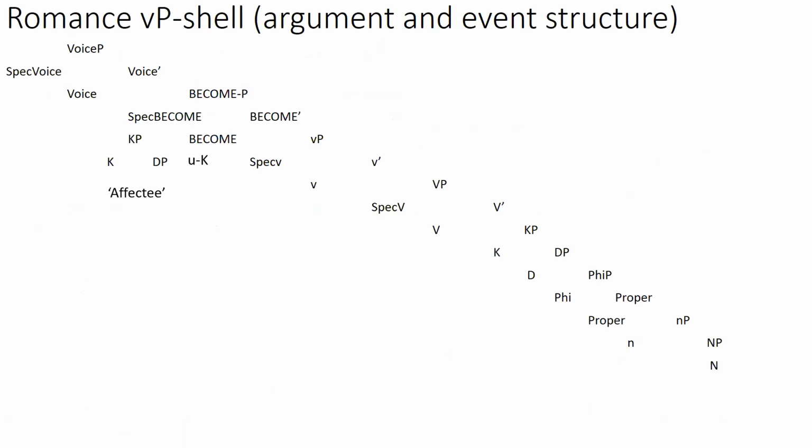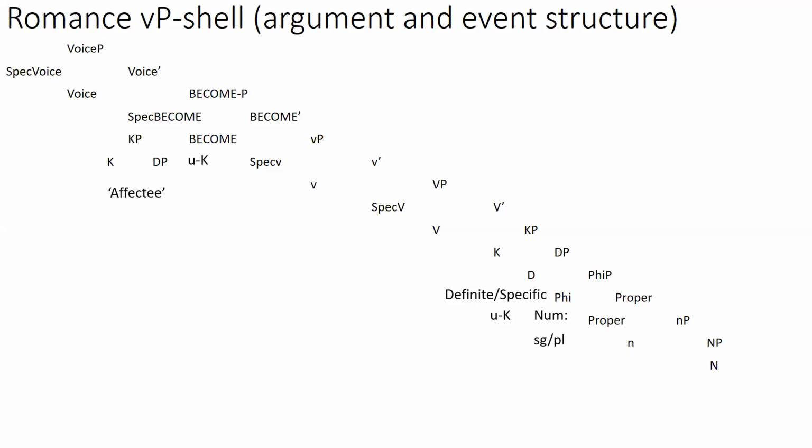So that's one trigger. In the D position, which encodes some definiteness and specificity, etc., we can also designate a uK feature here, where D selects K, or D triggers the use of K. So definiteness and specificity trigger differential object marking.